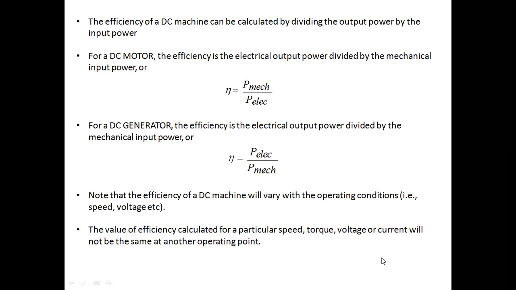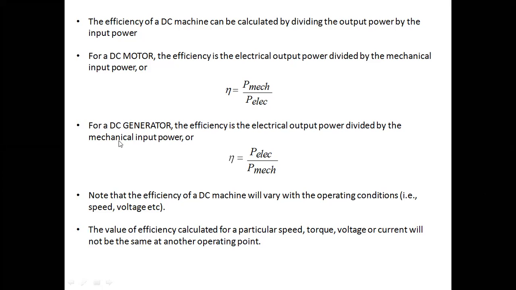Like this, when we are using the DC motor, what we require as output power is mechanical, and we are giving input as electrical. So it will be the ratio of output power with respect to input power, where the output power is mechanical and the input power is electrical energy. So for DC motor, eta, the symbol for efficiency, equal to P mechanical upon P electrical.